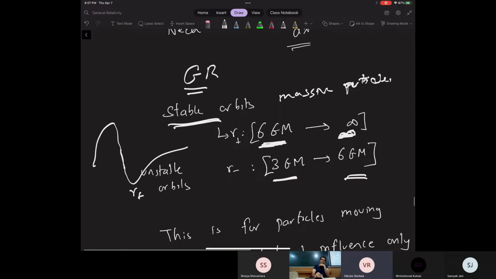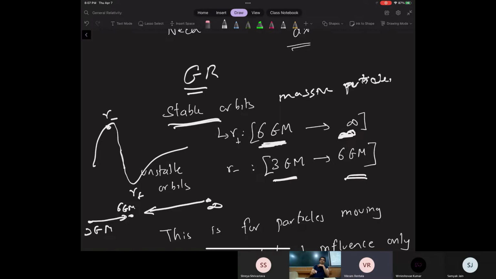This is R plus, this is R minus. R minus can start from 3 GM. When R minus is at 3 GM, R plus is at infinity. As you decrease the angular momentum, R minus moves out to 6 GM, and R plus moves in to 6 GM.